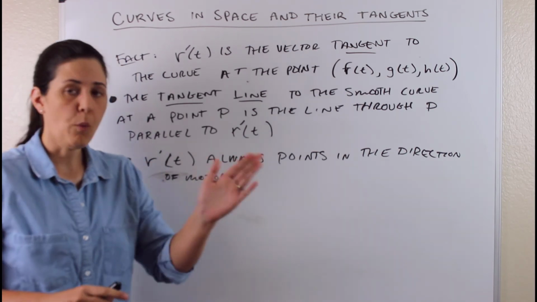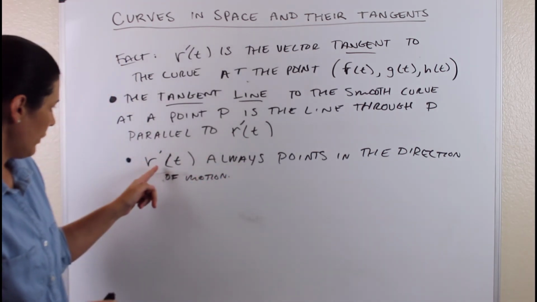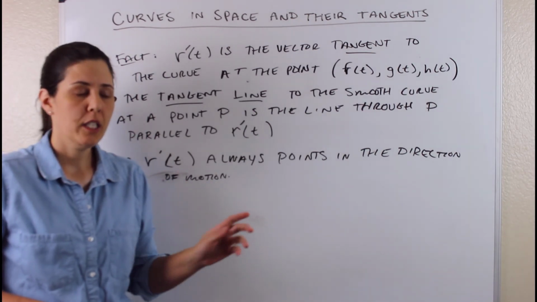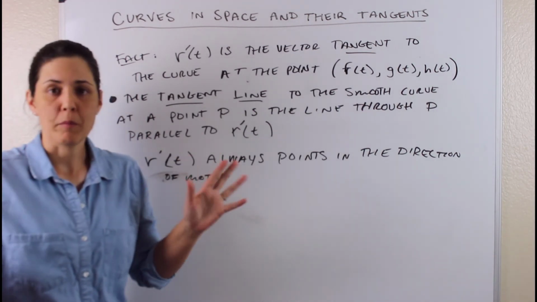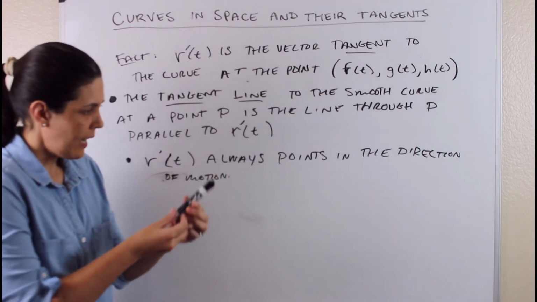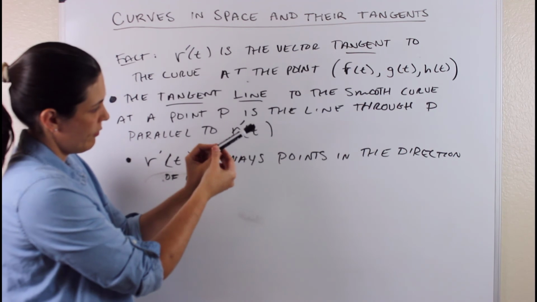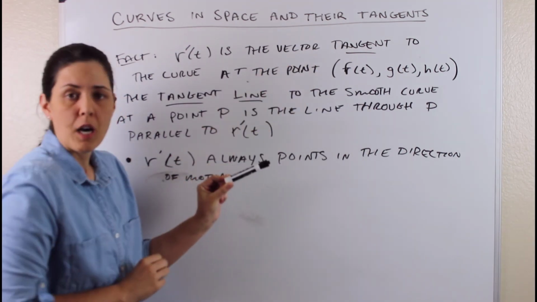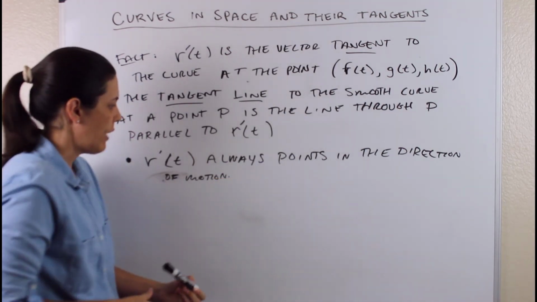It's a vector, so it's pointing somewhere. So this derivative vector is pointing in the way your particle is traveling. If you have some object moving through space and you take the derivative at a point, then at that point the derivative vector will point the way the object is traveling. So that's a nice fact to use.